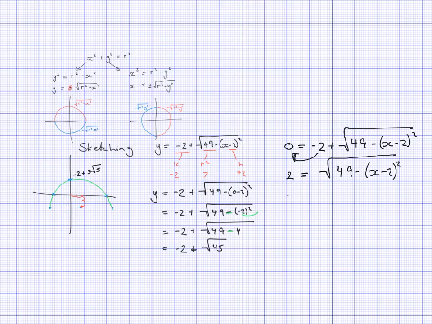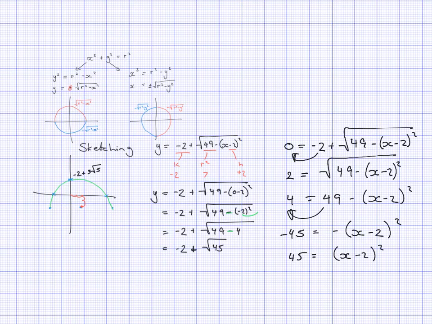Square both sides, end up with 4 equals 49 minus x minus 2 squared. Move the 49 across, so minus 45 equals minus x minus 2 squared. Divide by minus 1, 45 equals x minus 2 squared, square root both sides, plus or minus root 45 equals x minus 2.